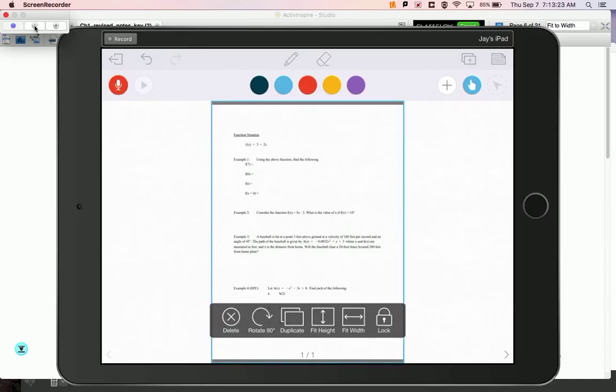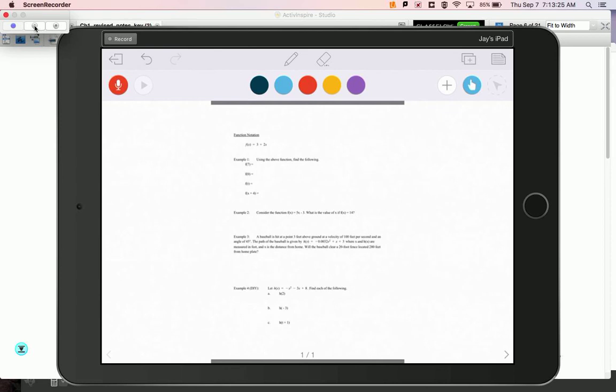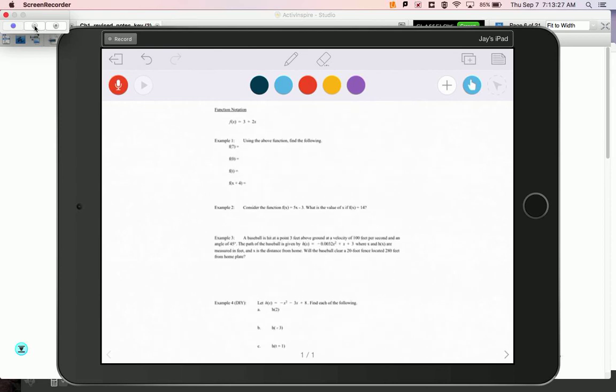All right, so we're moving on to some function notation. Pretty easy. Just remember that this notation is not f times x. It is read f of x. And so the f is primarily just the name of the function.